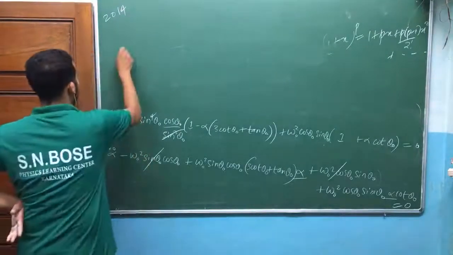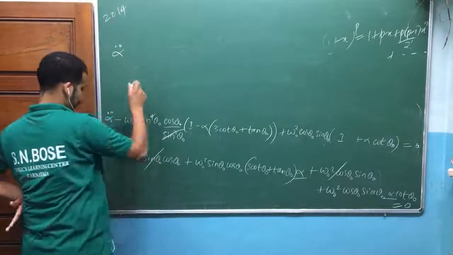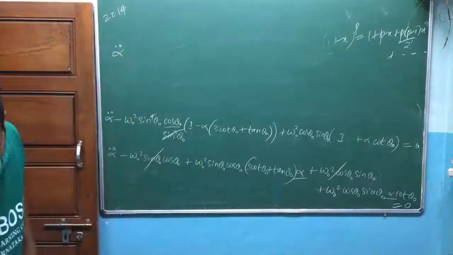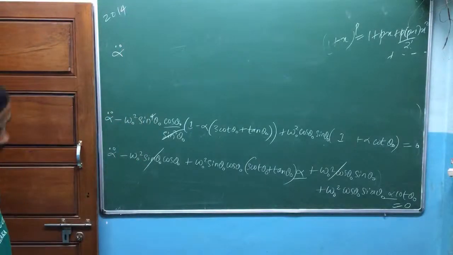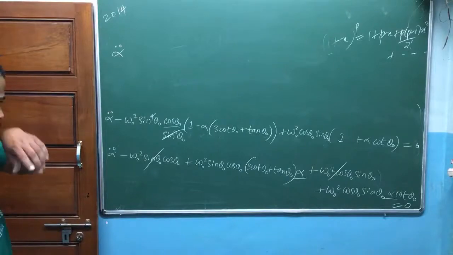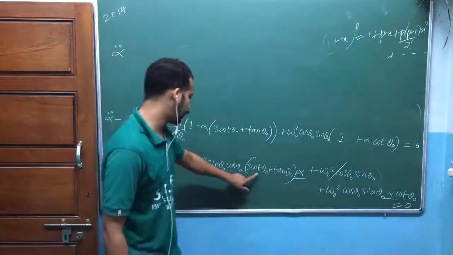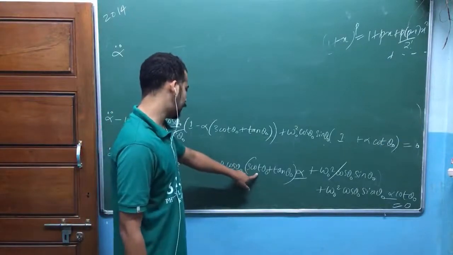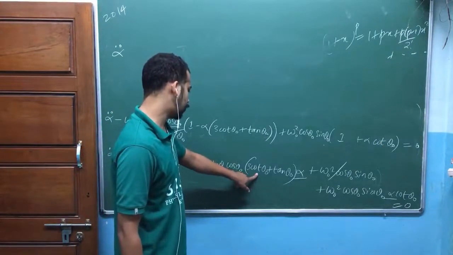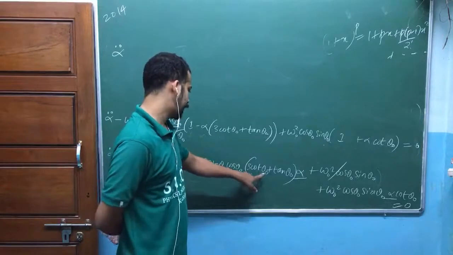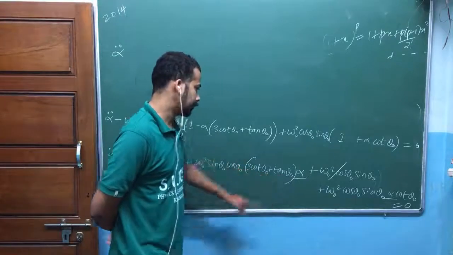Then I can write alpha double dot, just tell me whether I am right or not. Alpha double dot, let me take this sin theta naught into cos theta naught inside. When I take this one inside, sin theta naught will get cancelled here, and cos square theta naught, sin square theta naught would happen.